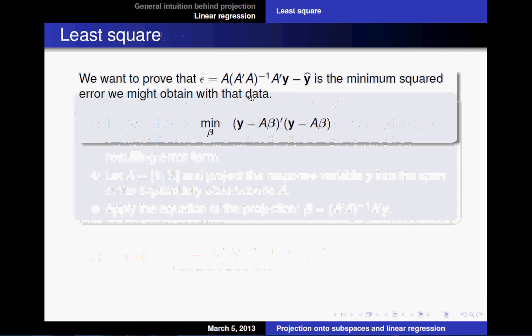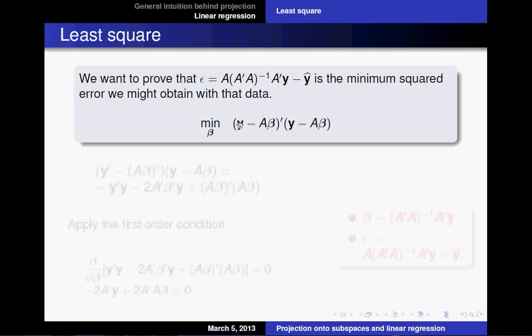So let's define what we mean by error. We define error as the squared error, the difference between the original right-hand term and the one we obtain after projecting. We show that this error and the projection we obtain are exactly the ones derived in the beginning of this video.